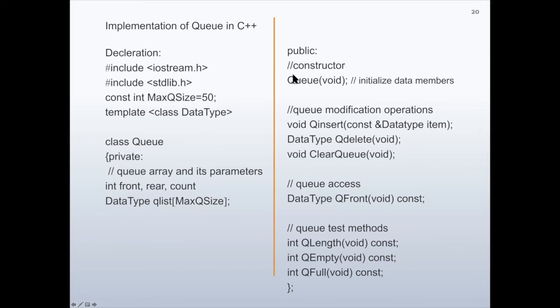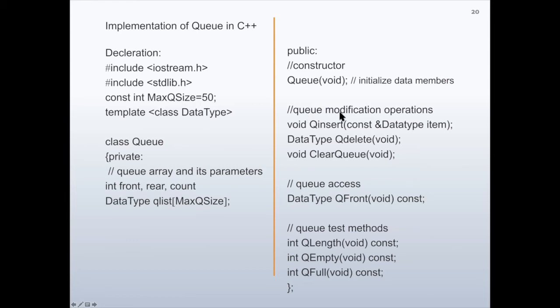We have public methods here. We have the constructor having the same name with the class. There is no parameter. This is to initialize data members. In fact, we are setting the value of the front, rear, and count to 0 when the constructor is called.